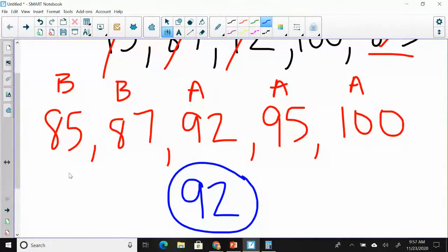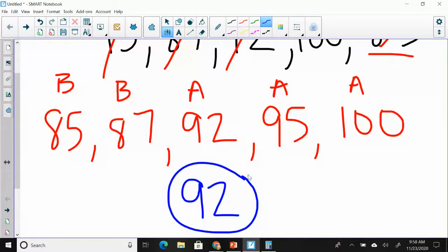Okay, so it's not in the 80s, but it's also not a 100. So it's somewhere in between 85 and 100. It's not always going to be exactly in the middle of your lowest and your highest number. Your other grades are going to play a factor in your average.